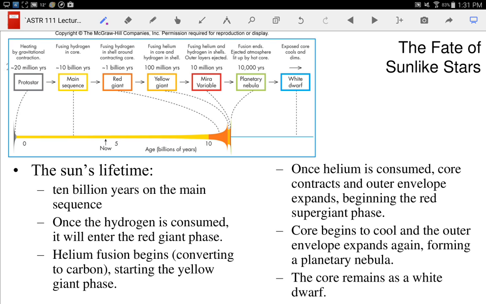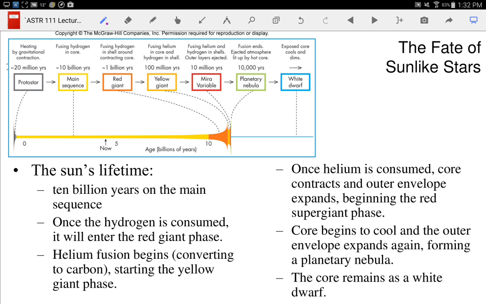So, up here is the abbreviation for the sun's lifetime. The sun has its beginning stages of being a protostar for about 20 million years. Then it has its main sequence life where it's fusing hydrogen to helium for about 10 billion years.